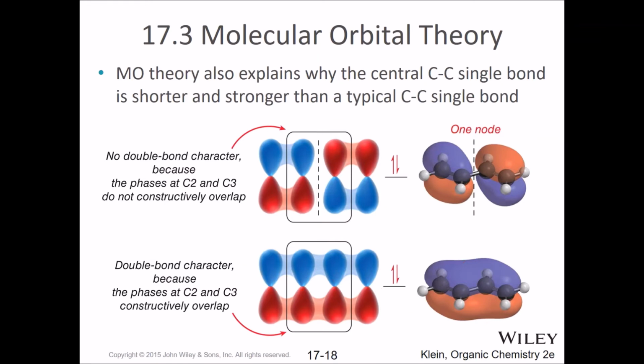Now, molecular orbital theory also explains why the carbon-carbon single bond in butadiene is shorter and stronger than a typical carbon-carbon single bond. I promised in section 17.2 that there'd be more to it. First of all, these carbons are sp2 hybridized.